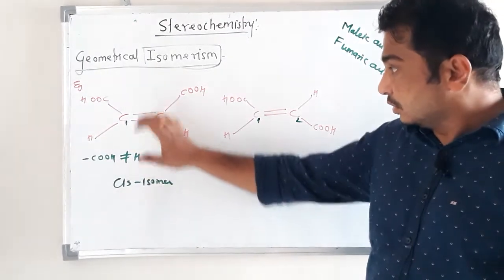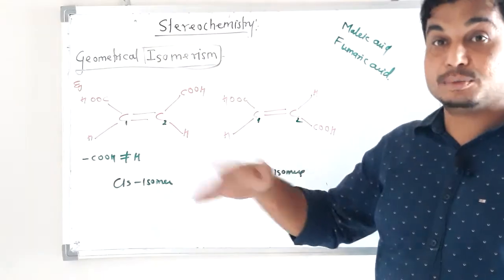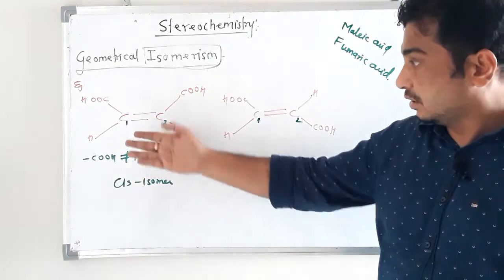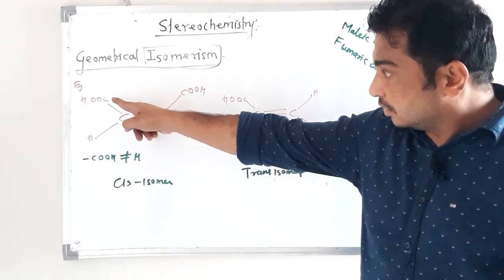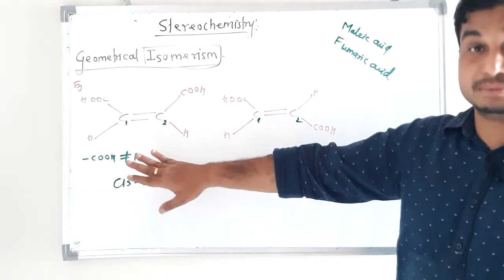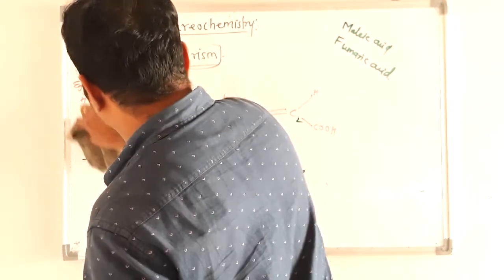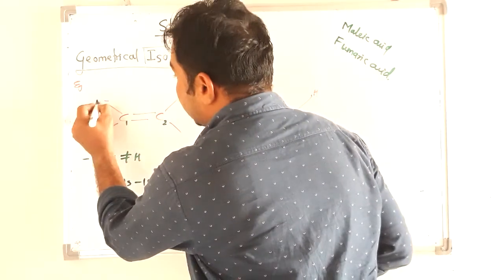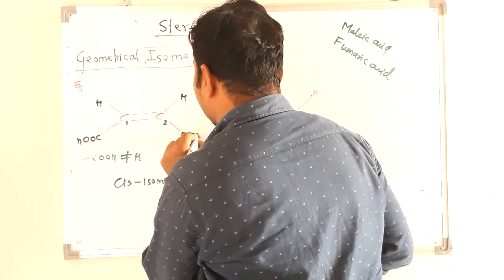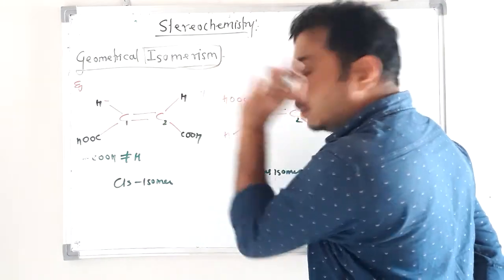Just see, if identical substituents are present on the same side of the double bond, either top side or down side, and if we rotate it, then the carboxyl group will be on the down side, but still the same side. No problem, as long as they are on the same side of the double bond.